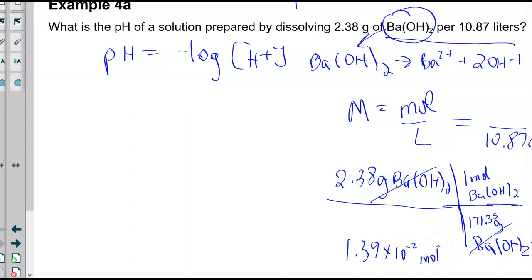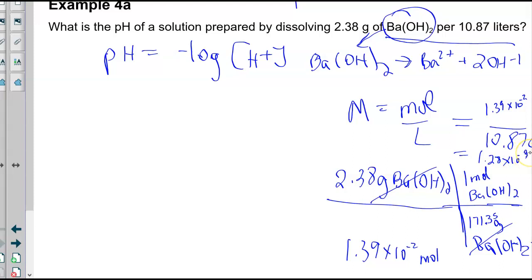That has to go up here where we put moles in. So 1.39 times 10 to the negative second. I got that from the work below, and now we're going to divide the two to get moles over liters. 1.39 times 10 to the negative second, divided by 10.87, and I get my big M to be 1.28 times 10 to the negative third.